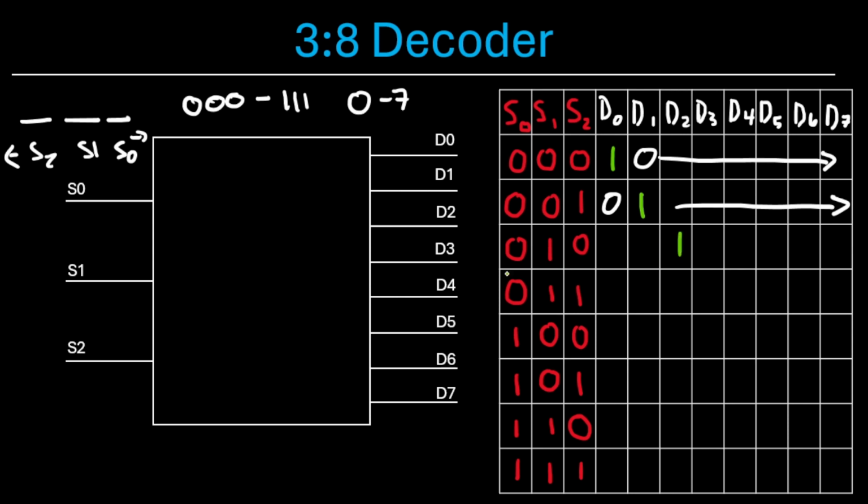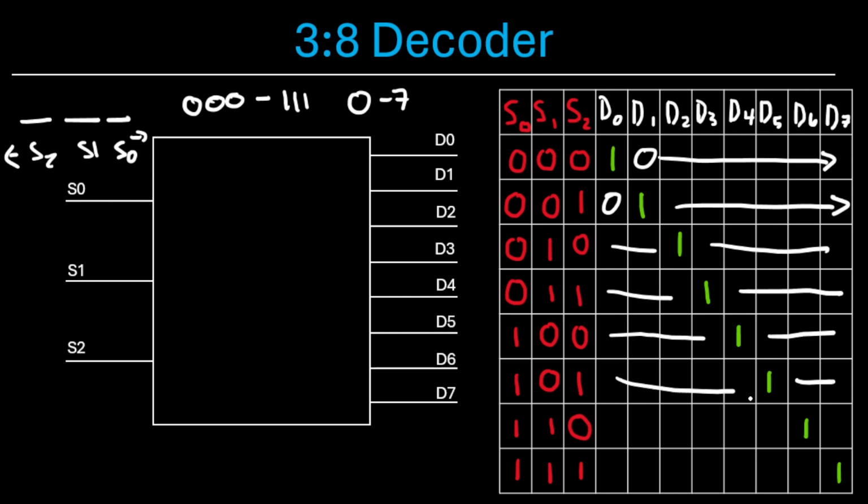If we input 3 in binary, we're going to output 3 in decimal. 4 results in 4. 5 results in decimal 5 being high. 6 results in decimal 6 being high. And 7 results in decimal 7 being high. So again, hopefully you see a pattern here.